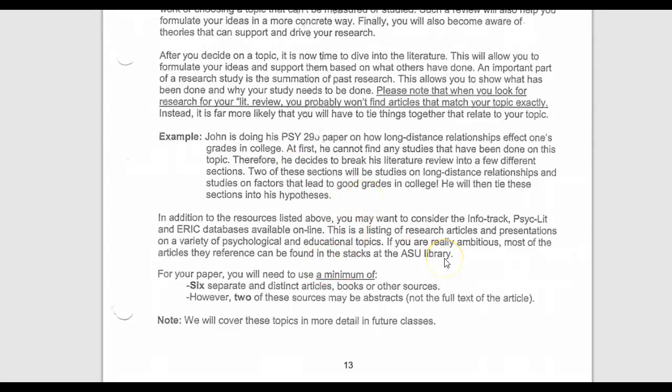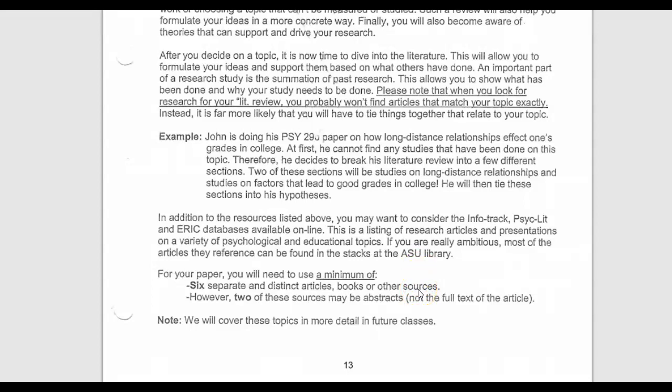Now, you might have to look in the library database. ASU has more resources than we do, but it's almost never necessary to actually go there. There are so many things that you can look up, even from your own computer, without going to a library these days. You will need 6 sources that are scientific for your paper. Research articles.